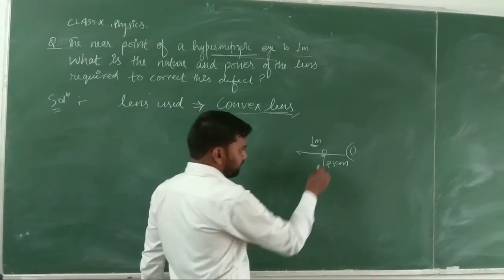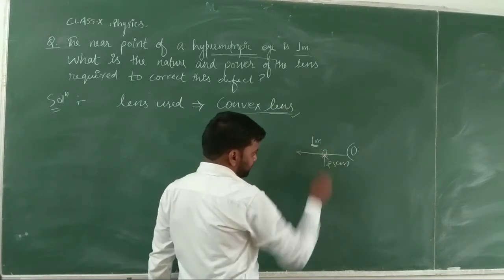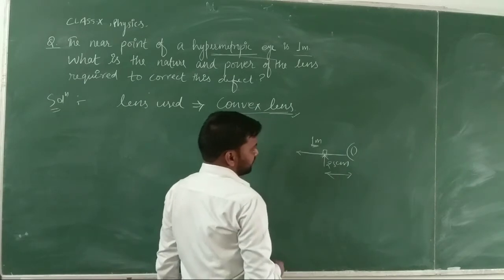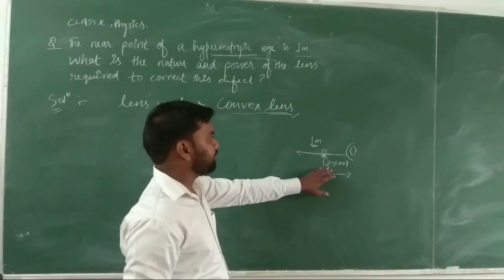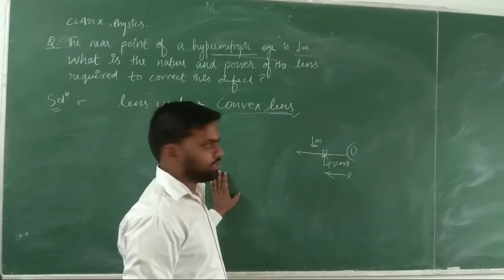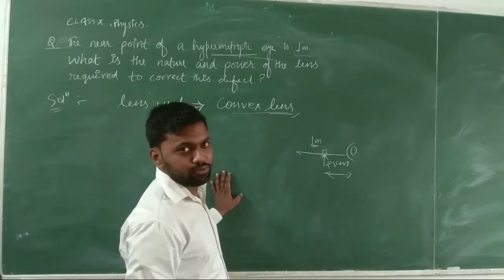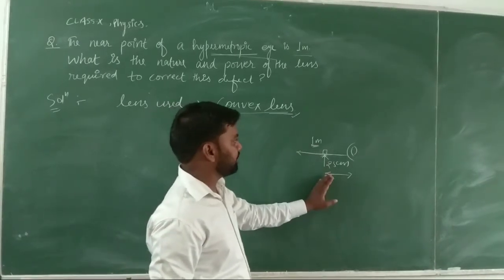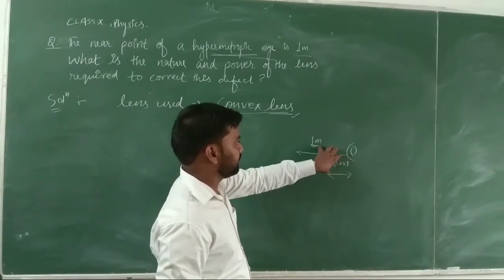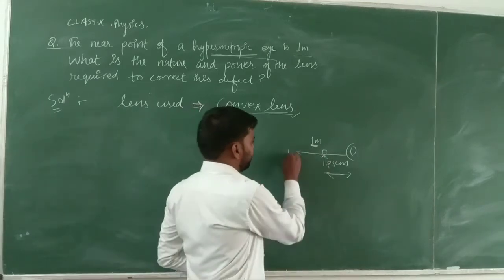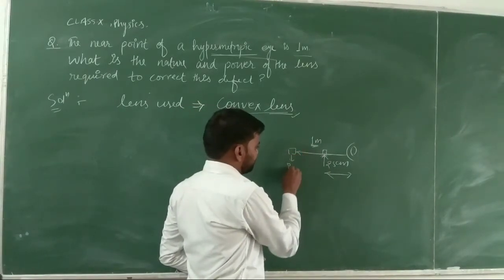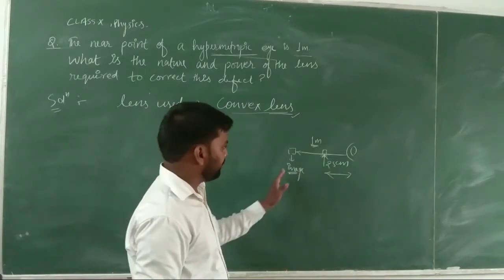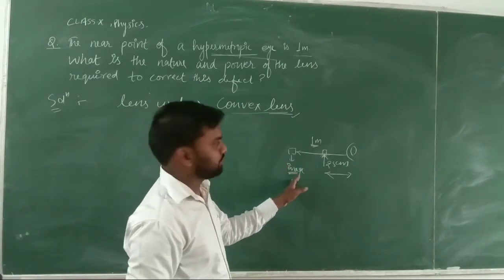So actually we are putting the object at this place. So it will be the object distance, and we can easily see this object clearly at this point. But the lens we will use here is a convex lens that will form the image of this object at this point. So it will be image distance here.